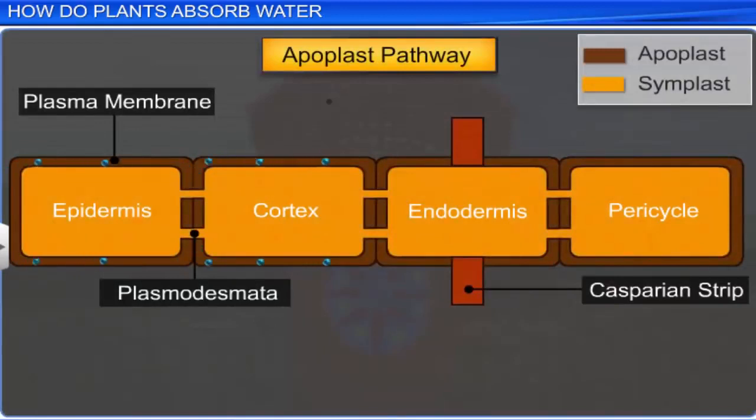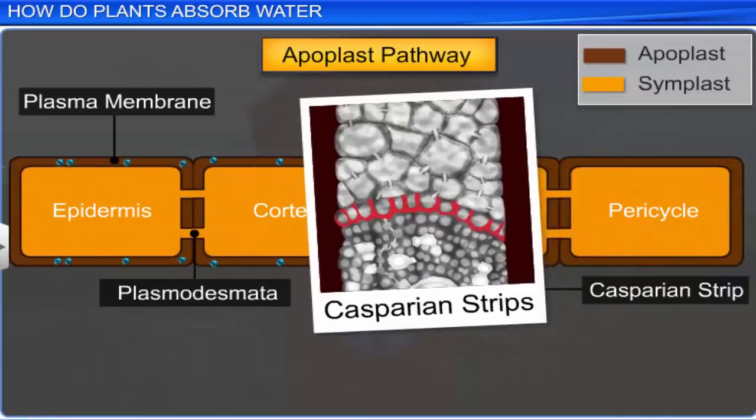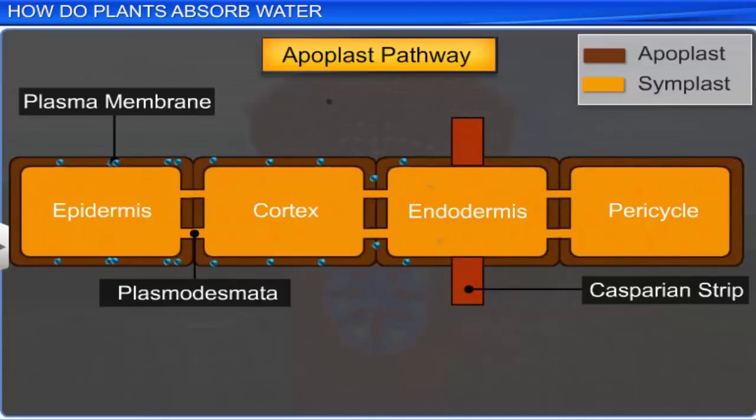Apoplast is a continuous system of adjacent cell walls in a plant, interrupted only by waxy, suberized Casparian strips in the root endodermis. So apoplastic movement of water occurs through intercellular spaces and permeable cell walls.